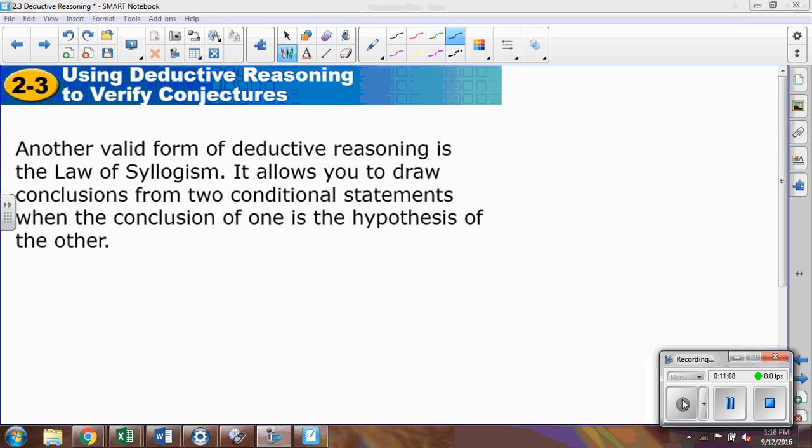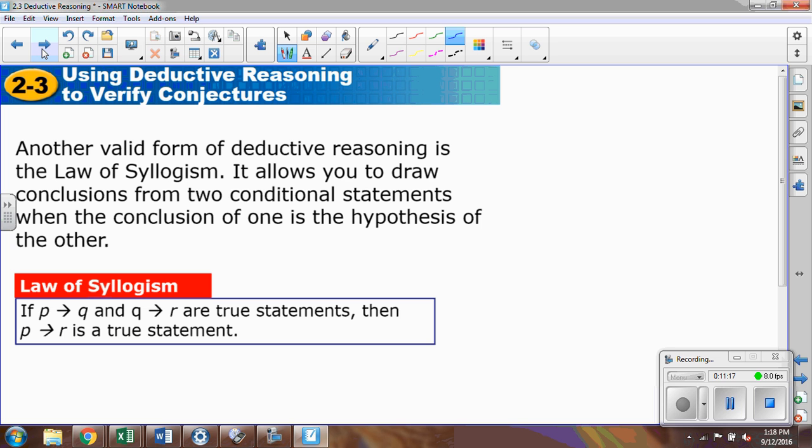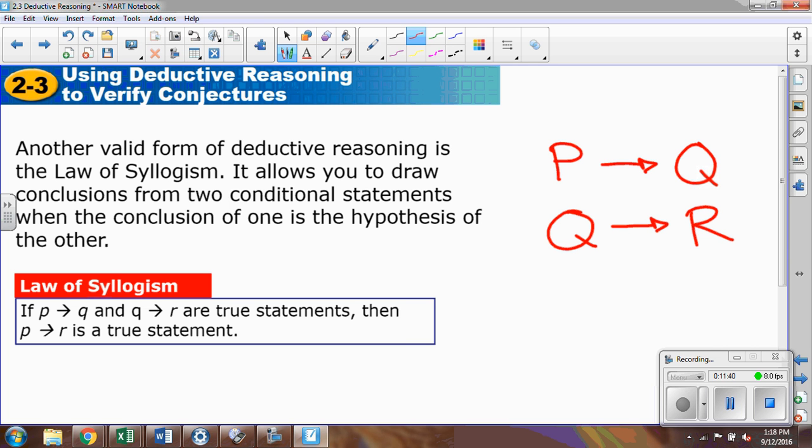The second form of deductive reasoning we will use is the law of syllogism. Now, the law of syllogism combines 2 conditional statements in a very particular way. Syllogism applies when we have one statement, P implies Q, and we know that this is overall true. Then we would take a second statement with the structure Q implies R, and that is overall true.